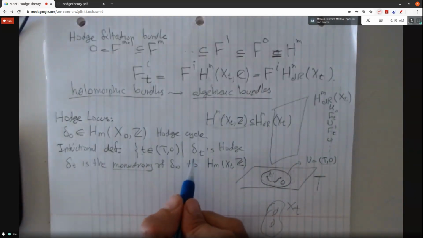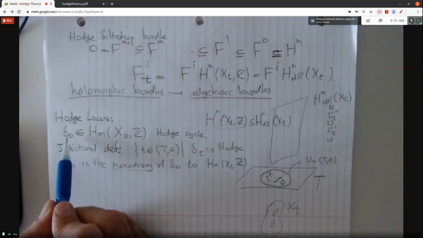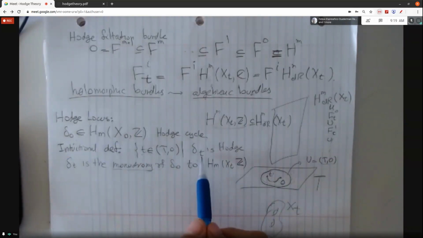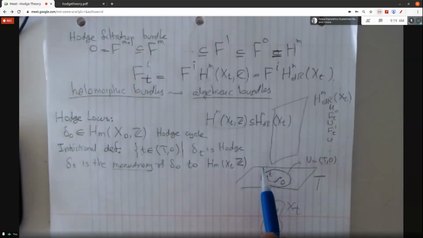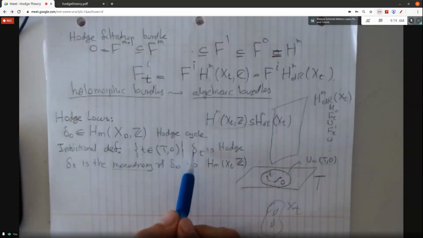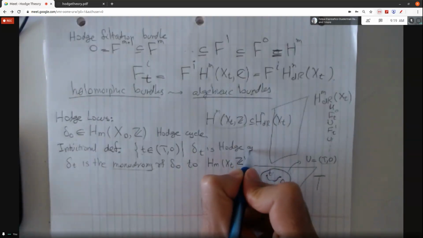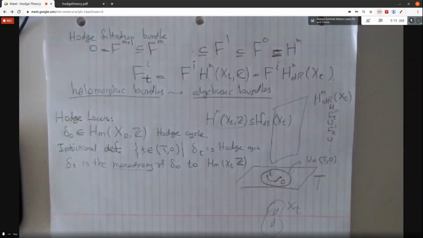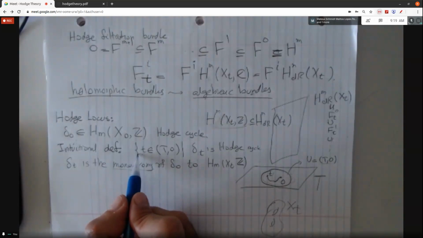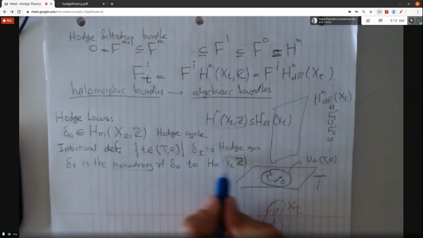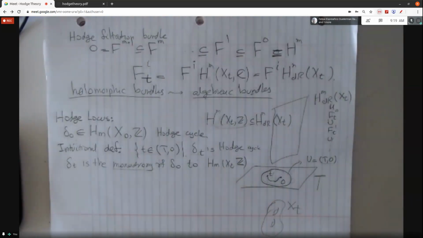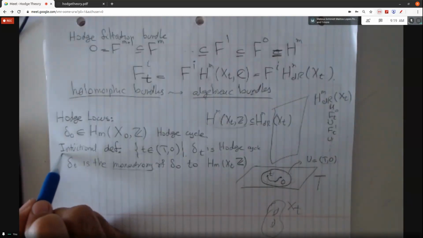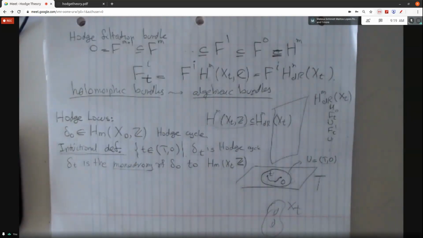Anyway, the point is that topologically, we can transfer delta_0 to nearby fibers without any restriction. But once I say that I am interested in Hodge cycles, so delta_t must be a Hodge cycle also, then I get some restrictions. So this means that I can define this set. For the moment it is just a set, but now we are going to make a rigorous definition.